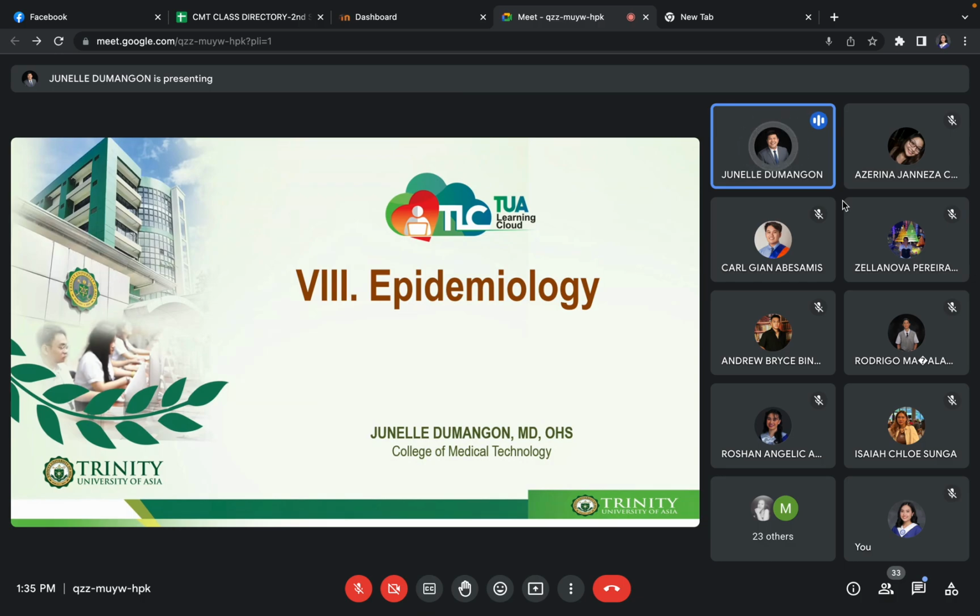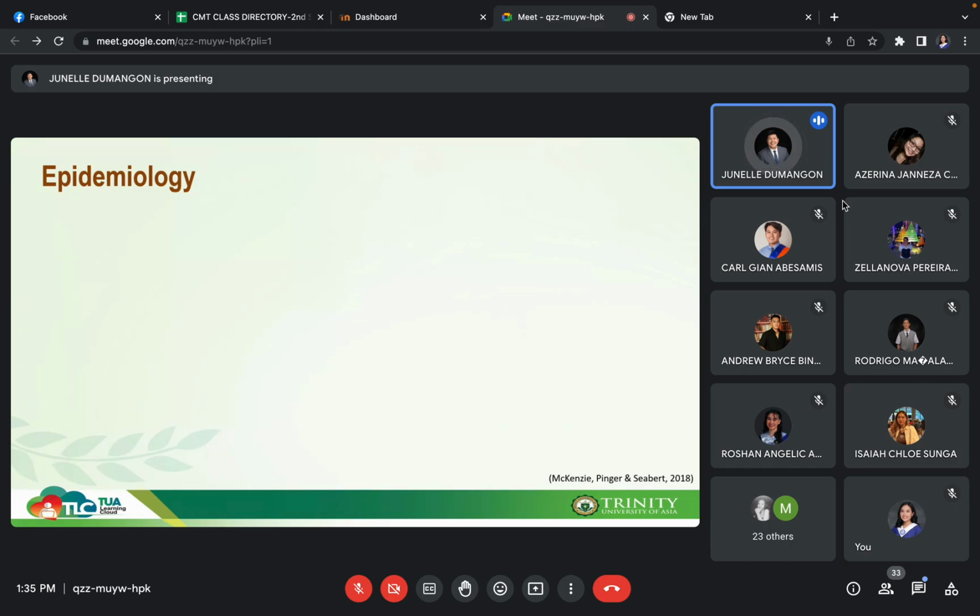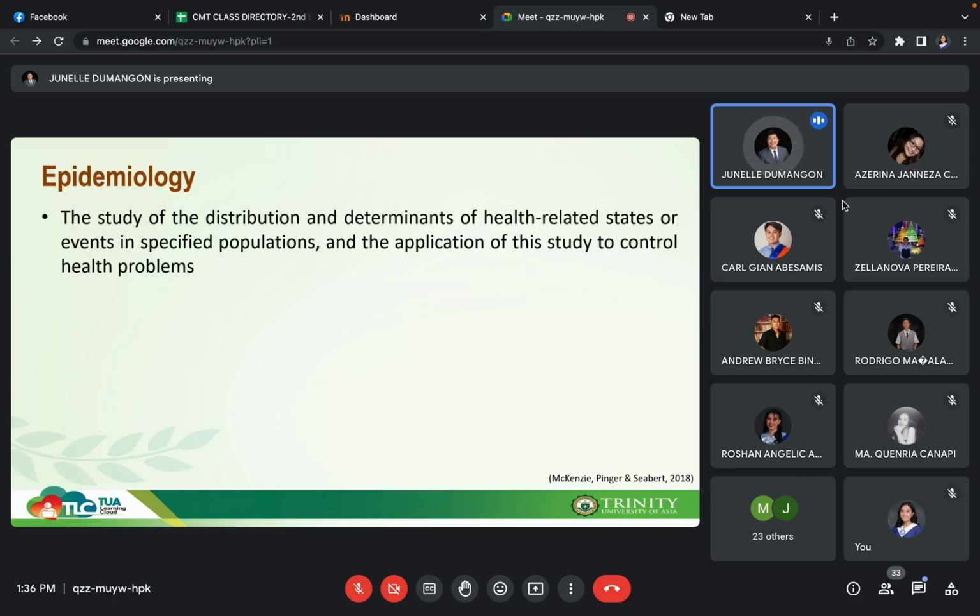So, in order for us to understand what epidemiology is, it is very important for us to define some important terms. If you still remember from our last discussion, we defined epidemiology as the application of demography to medicine. It was a branch of medicine which studies the incidence and distribution of diseases in order to improve a community's health.